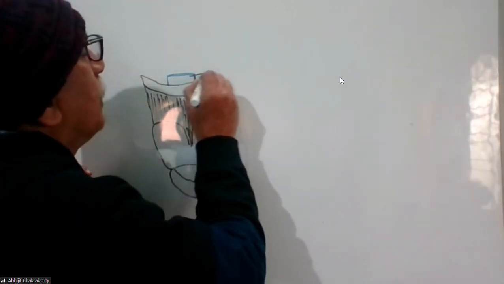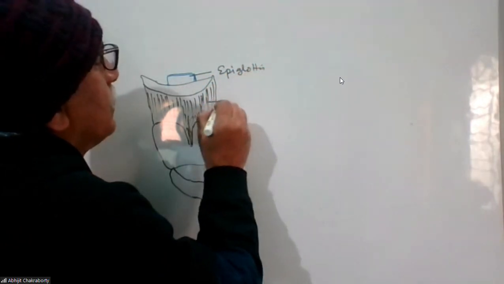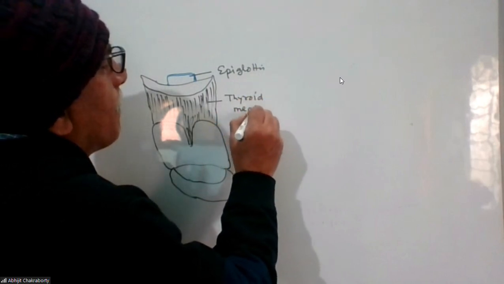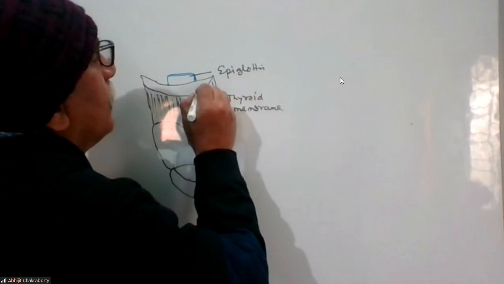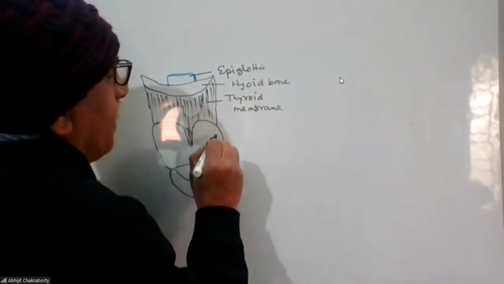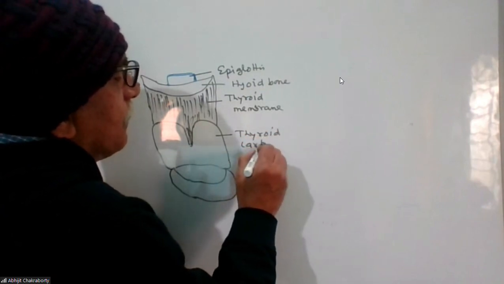So this is the epiglottis. This is called thyroid membrane. The hyoid bone. The thyroid cartilage.